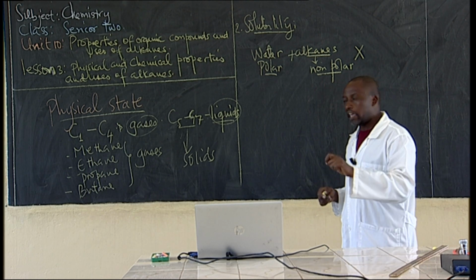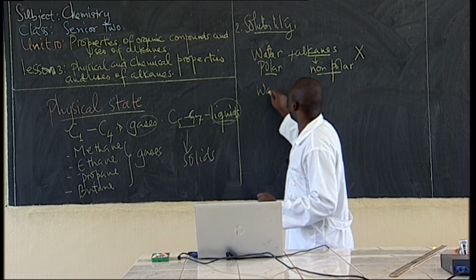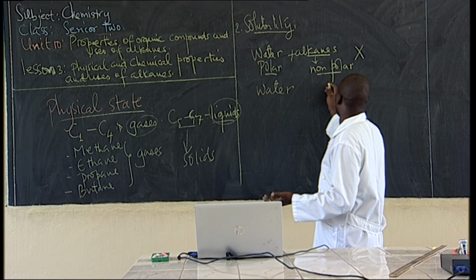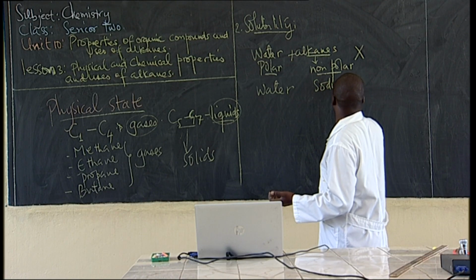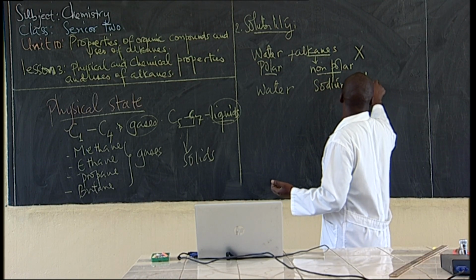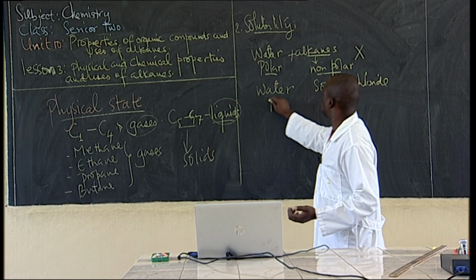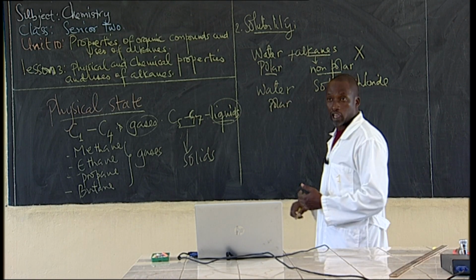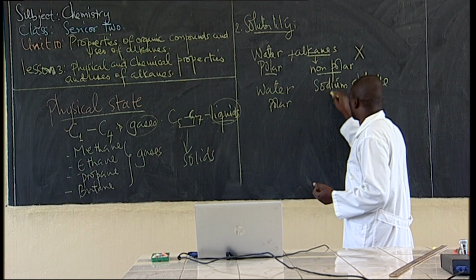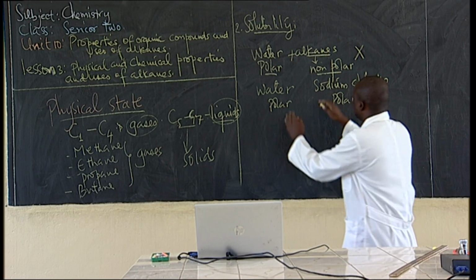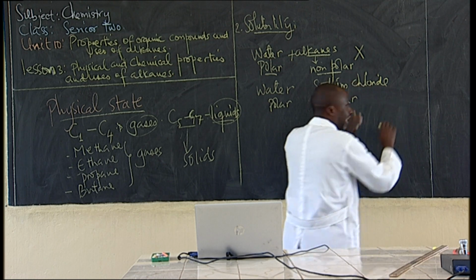So when we say like dissolves like, for example, if you have water and sodium chloride, sodium chloride can also be said to be polar, and water is also polar. So like dissolves like.